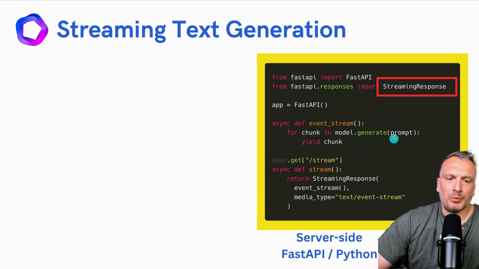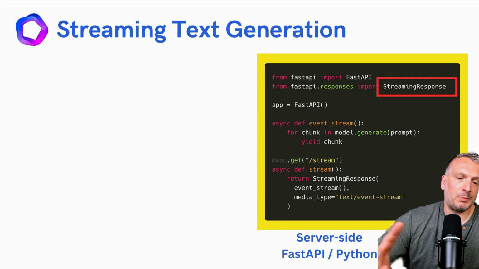It would generate chunks of a response. And every time something is generated, we yield the chunk, and we provide this function to the StreamingResponse module, and this streams the response back to the HTTP request. So we would have multiple updates to the first response provided to the HTTP request.